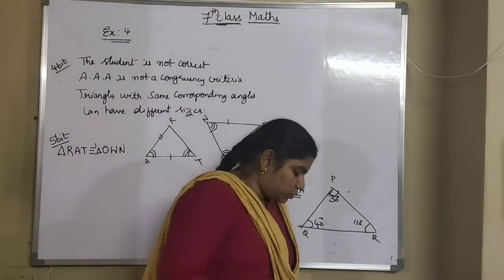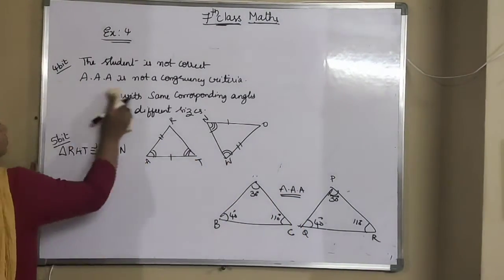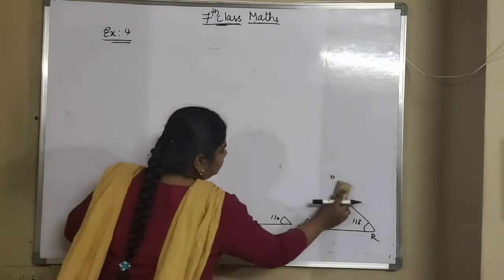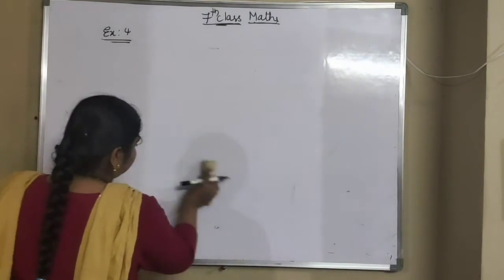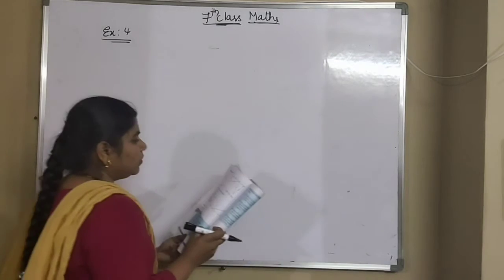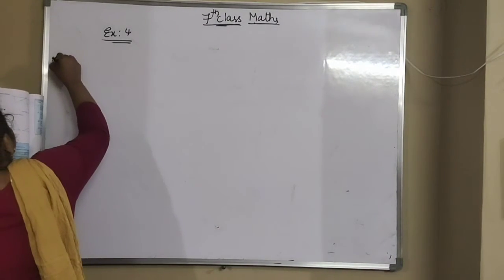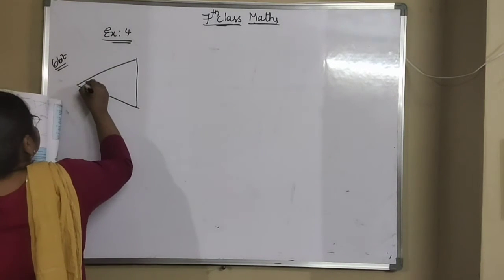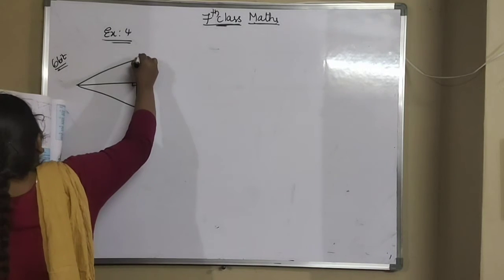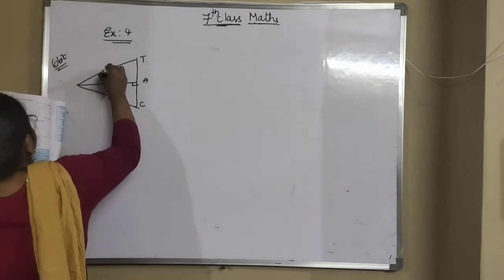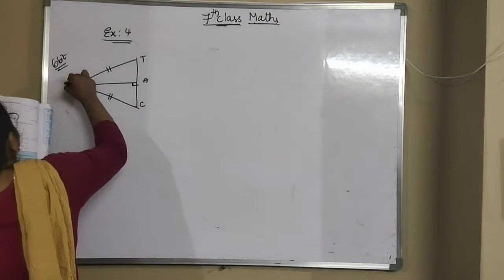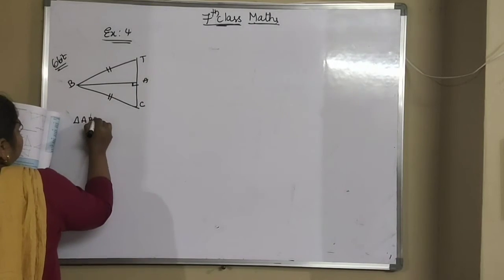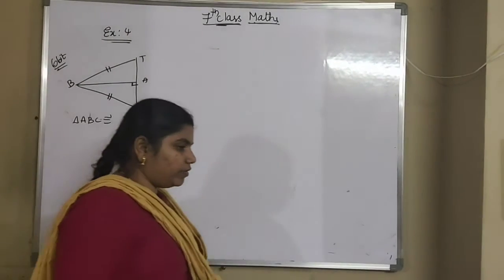So next problem, sixth one. Complete the congruency statement. So here, triangle ABC is congruent to which triangle we have to say.